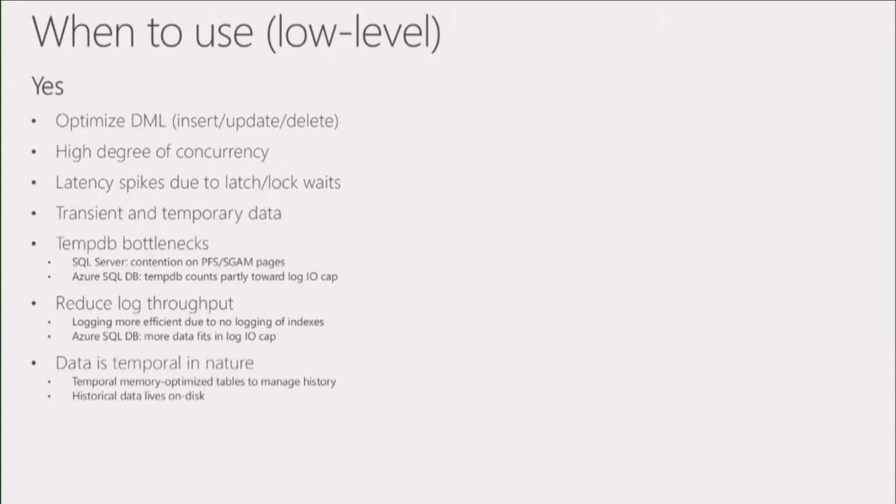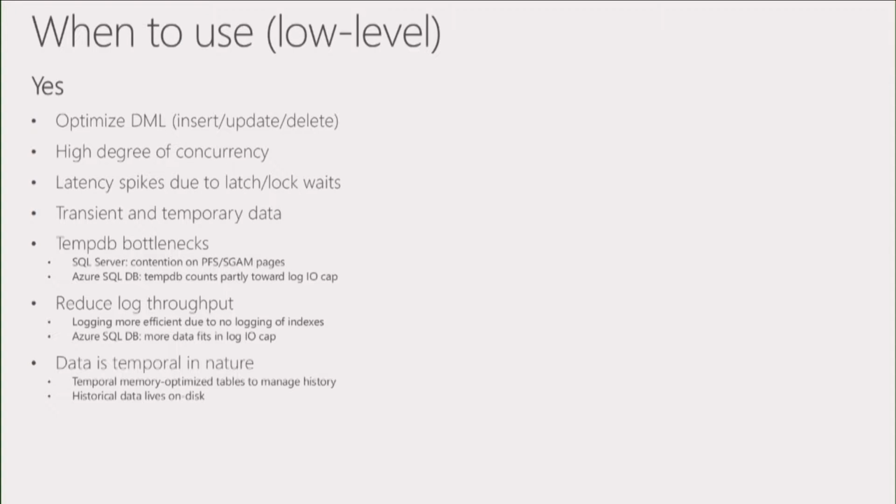Then if your data is temporal in nature, meaning that there's a historical aspect to it. For example, you have sensor data, you have your current readings, and you have your historical readings. And there's a nice pattern with temporal. I will talk about that in a little bit more detail later on, where the current state of affairs is maintained in a memory optimized table, the current temporal table.